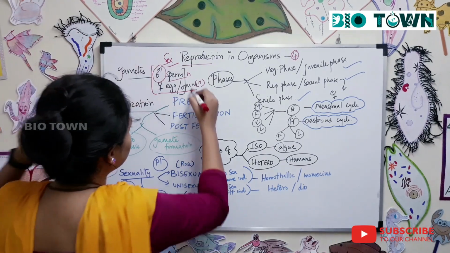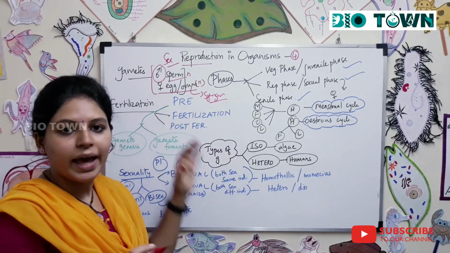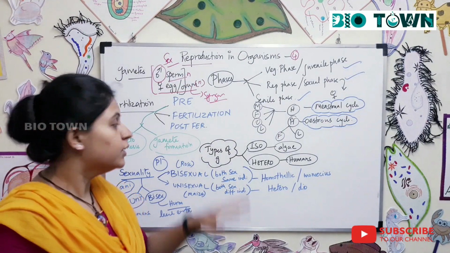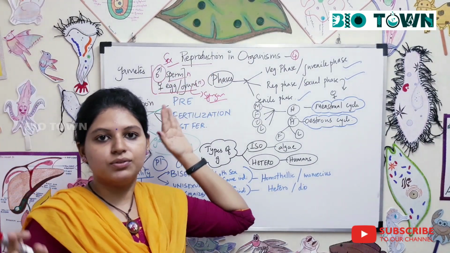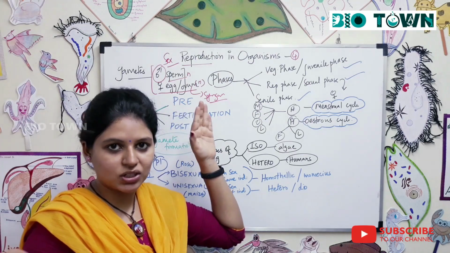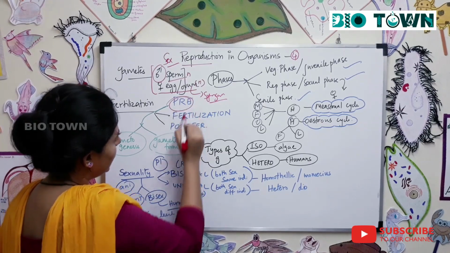So they both undergo syngamy, which means fertilization, and then the zygote starts developing and then there is an offspring. So all these stages, now what exactly happens in fertilization and post fertilization, we will see in the next session. And in today's class we will deal with pre-fertilization.